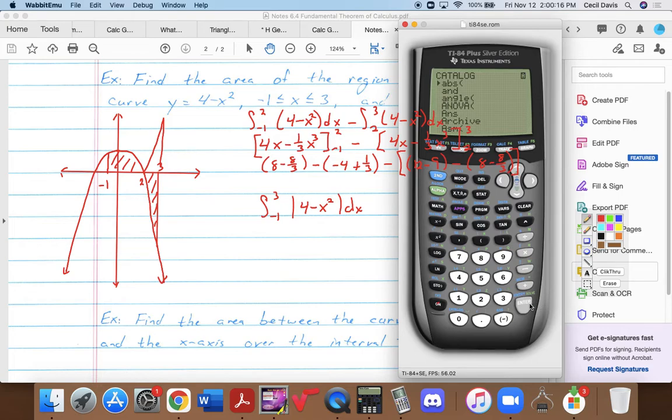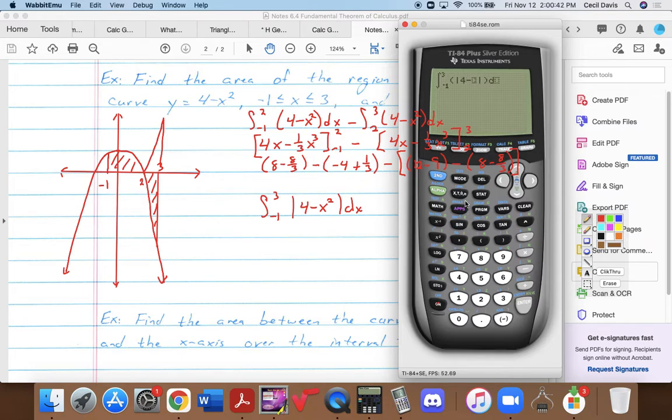It's also the first one on the math menu, math num. And it's the first one. So either way, I see it.